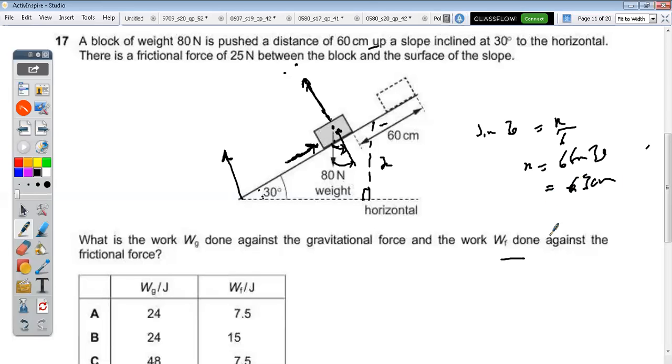It's giving us 36, which is not correct. Cos times distance. Let's see. 25.